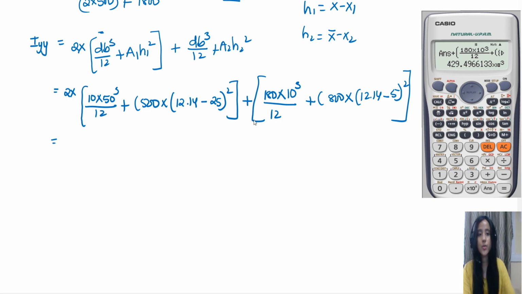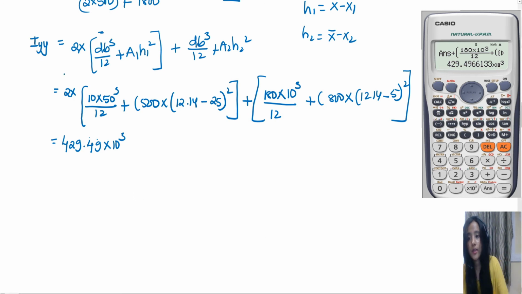So I'm getting a total of 429.449, raised to power 4.